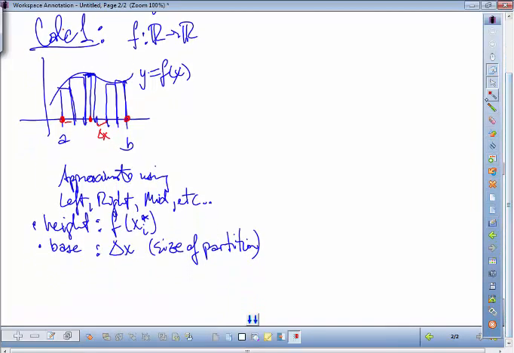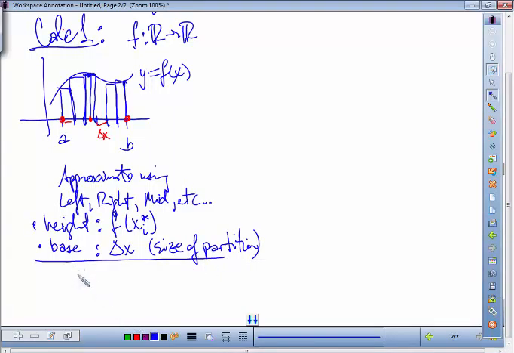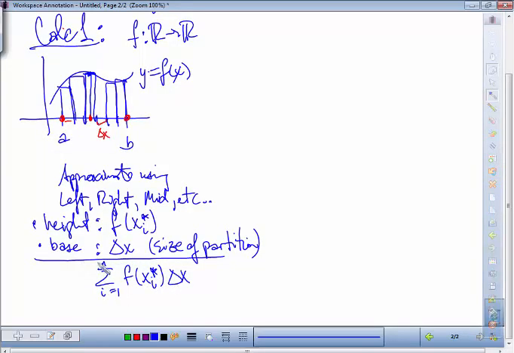And then we put that, we add them all up. So we have f of x_i star times delta x is the area of one rectangle, and then we add up all those rectangles for all the different i's that we have. And then we let the number of rectangles get really, really large.